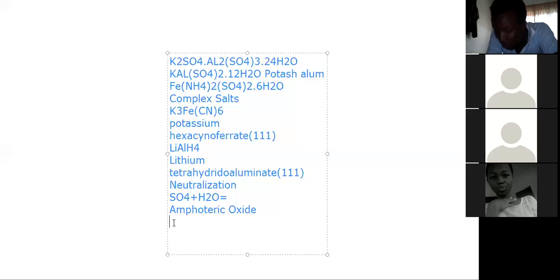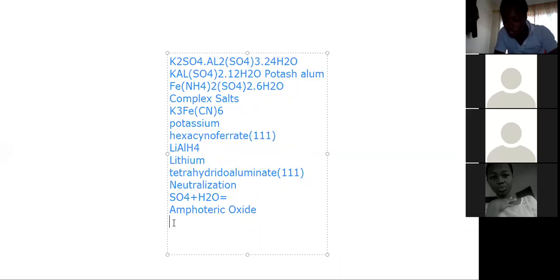So BeO is beryllium oxide. These are examples of amphoteric oxides. They have both basic and acidic properties.